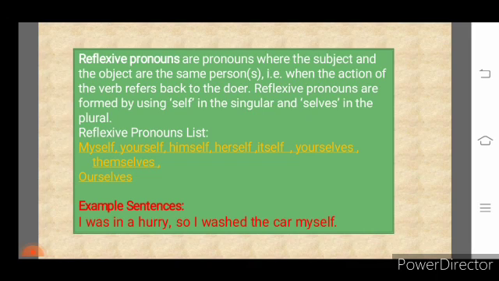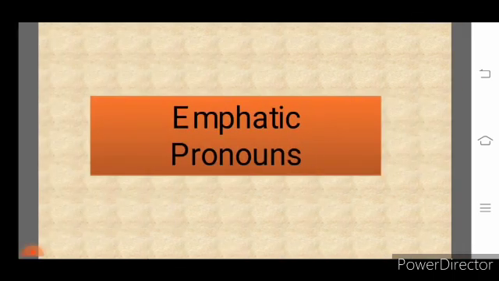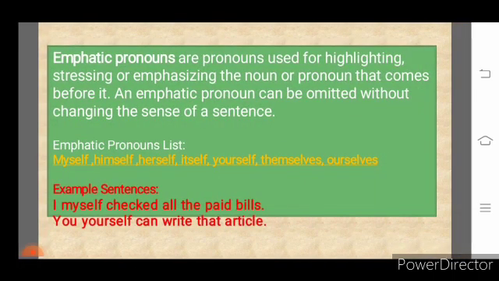And what is the next pronoun? Next pronoun is emphatic pronoun. What is emphatic pronouns? Emphatic pronouns are the pronouns used for highlighting, stressing, or emphasizing the noun or pronoun that comes before it.